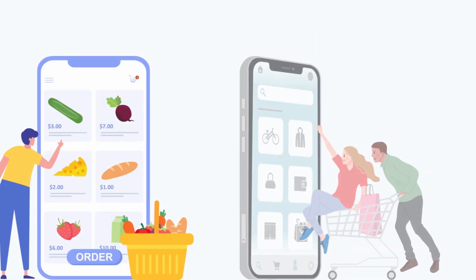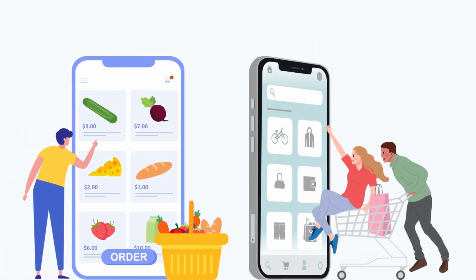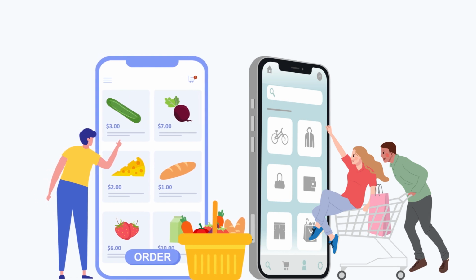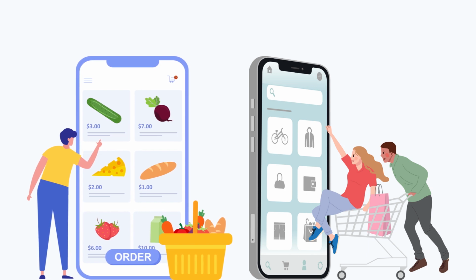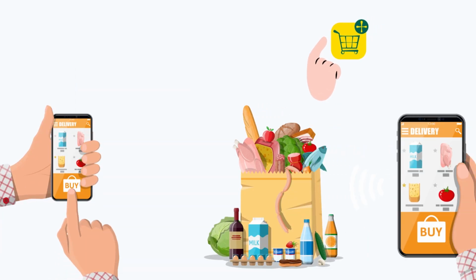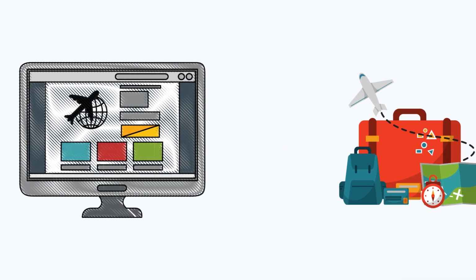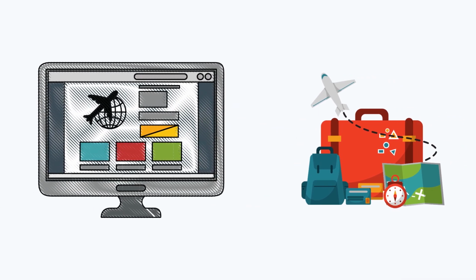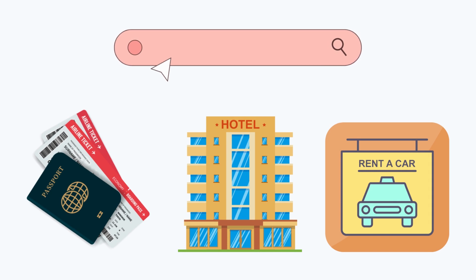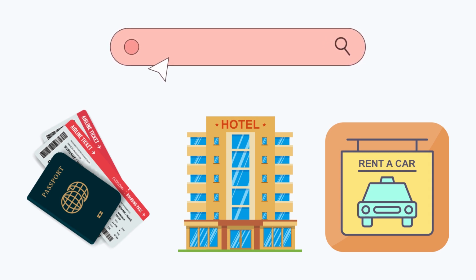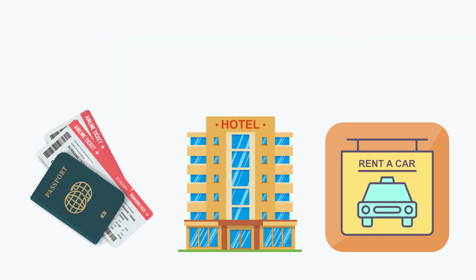An app for a grocery store might use wireframes to show how users can browse the store's inventory, add items to their carts, and check out. A website for a travel agency might use wireframes to show how users can search for flights, hotels, rental cars, and book their travel arrangements.